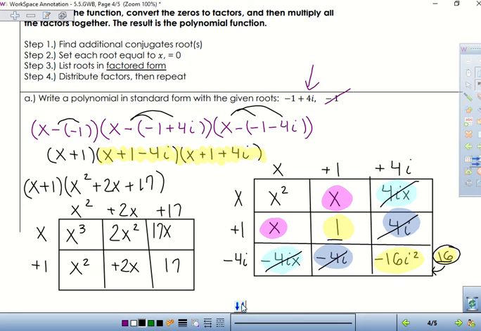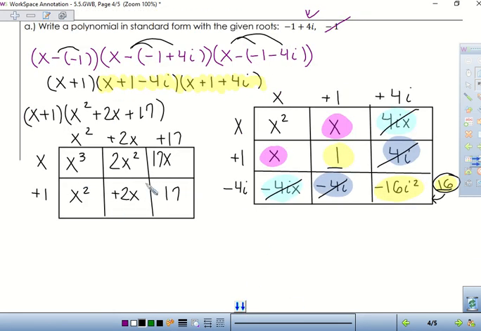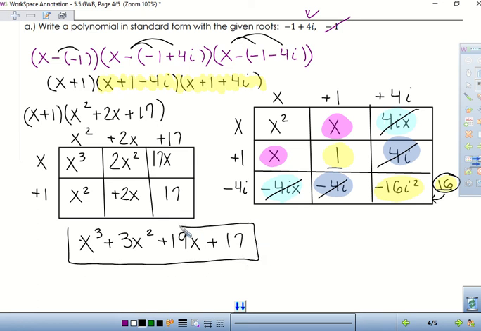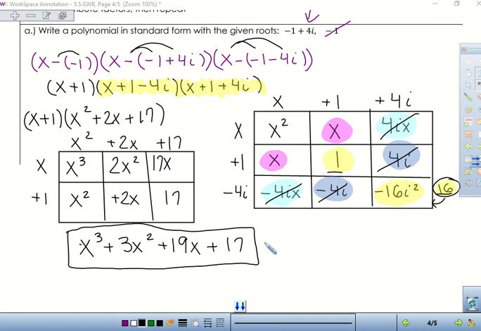The last thing we need to do is simplify and combine like terms. So I have like terms right here. I got x cubed plus 3x squared plus 19x plus 17. So this right here is the polynomial. This polynomial has these zeros. That's what we just found, the polynomial that has those zeros.